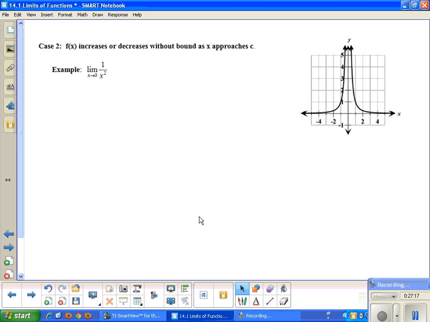The next case is when our f of x increases or decreases without bound as x approaches c. That just means your graph is going to infinity or negative infinity.